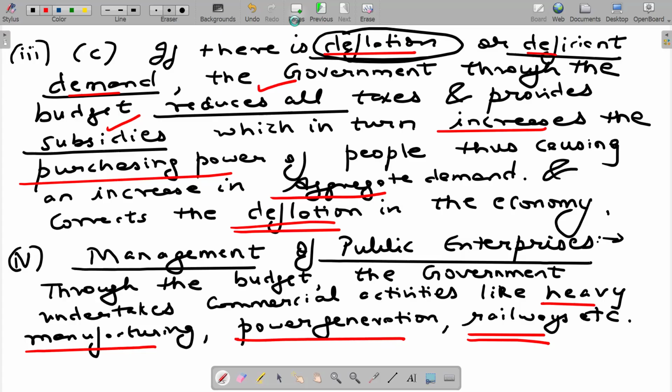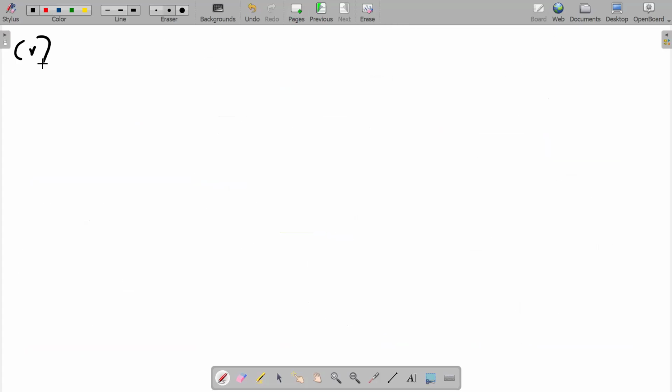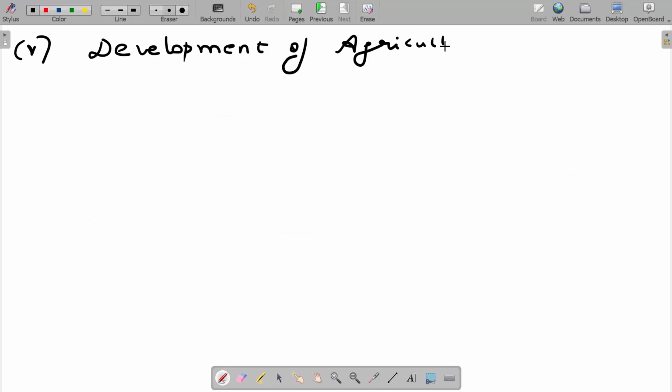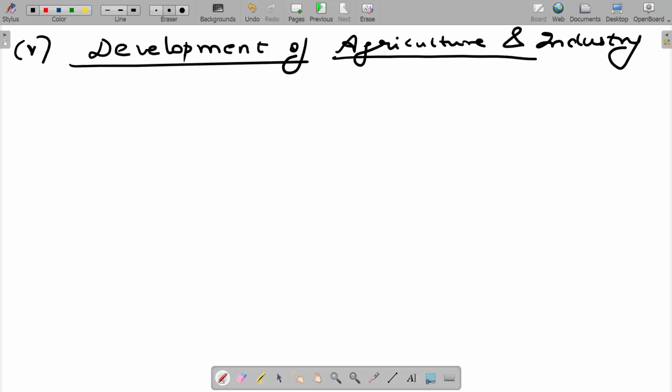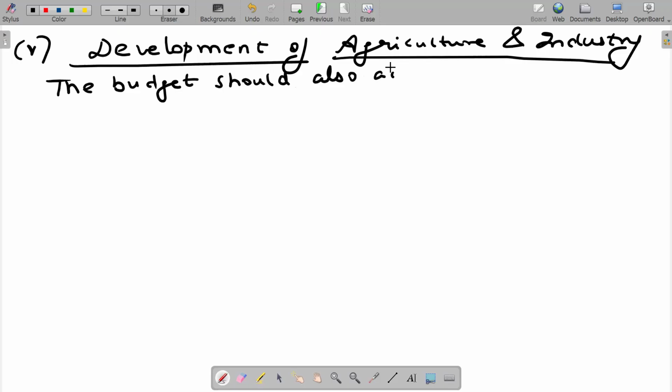Then the fifth objective of preparing a budget is also to manage agriculture and industry. So development of agriculture and industry. I can write that the budget should also aim to promote agriculture.